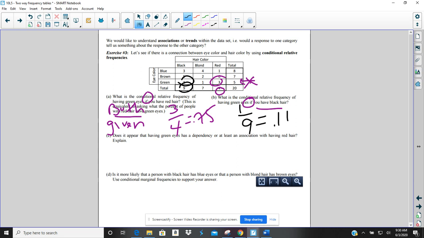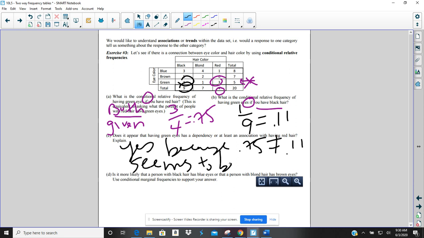And certainly with these two data, we can completely see that we have 2 groups of people that had green eyes, but there's a probability of having red hair, 75%, versus only having black hair, 11%. So is there a dependency? Yes, because 0.75 is not equal to 0.11, so there seems to be a dependency. That's all we have to write.